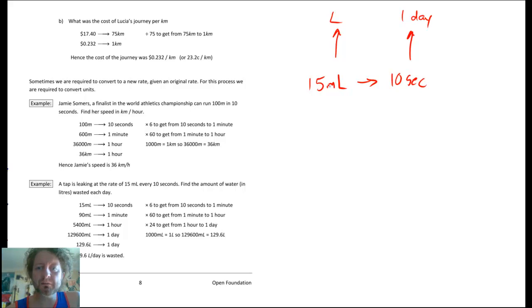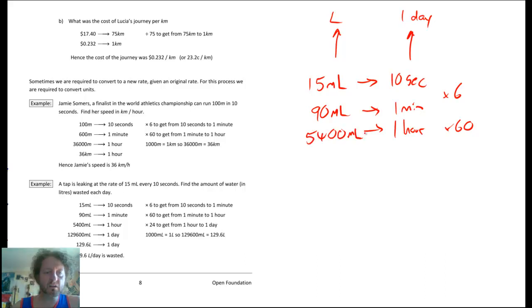Leave the 15 in mils, convert the 10 seconds, just like the other one. Times 6 will get us to 1 minute, and times 6 will get me to 90 mil. Times 60 again will get me to 1 hour, and times 60 here, well, 6 times 9 is 54, plus the 2 zeros. And I could already, if I want, convert to litres here, because I've already got to 5,400 mils. I could call that 5.4 litres now if I want.